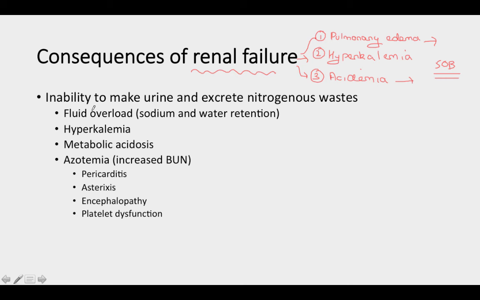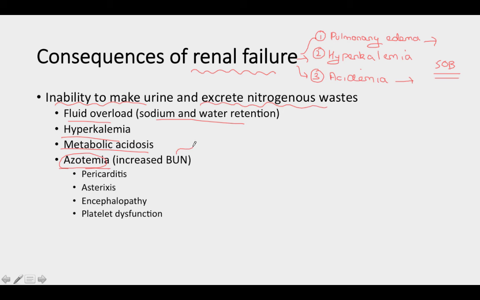But essentially, if we go through this list, the inability to make urine and excrete nitrogenous wastes leads to these manifestations: fluid overload because of sodium and water retention, hyperkalemia, metabolic acidosis, and azotemia. Now, azotemia is a word they love using in American textbooks.